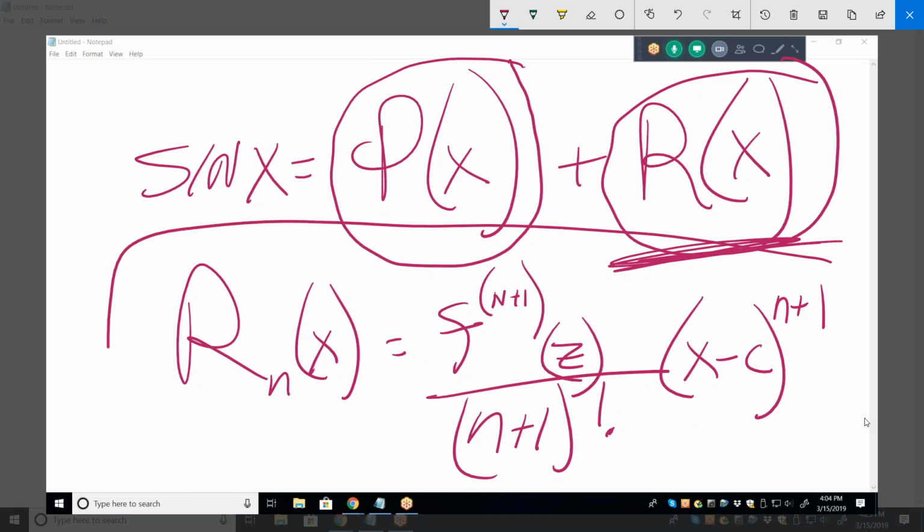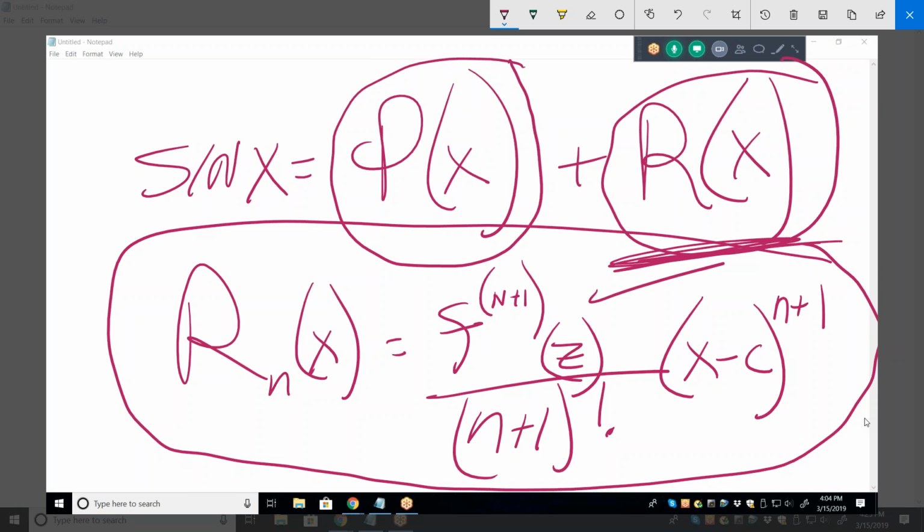Anyway, there is the formula for the remainder, and that will give you your margin of error as to how close your approximation is to the real value. Okay. The problem is this thing is almost impossible to understand. And I mean that.